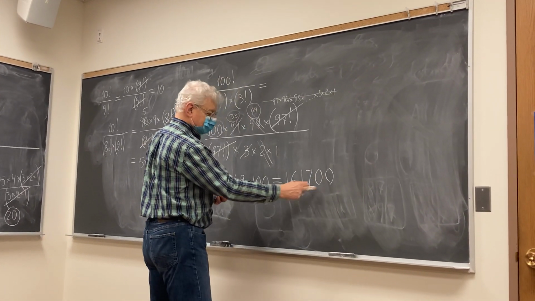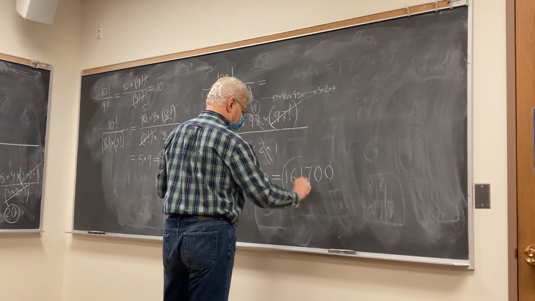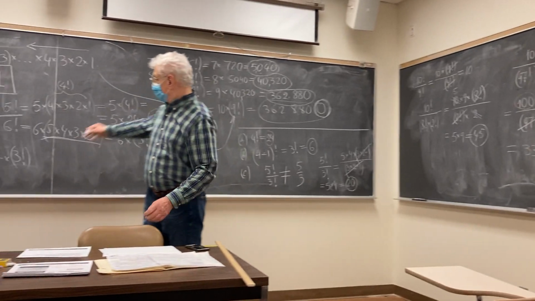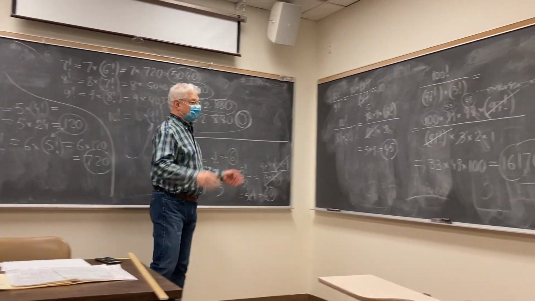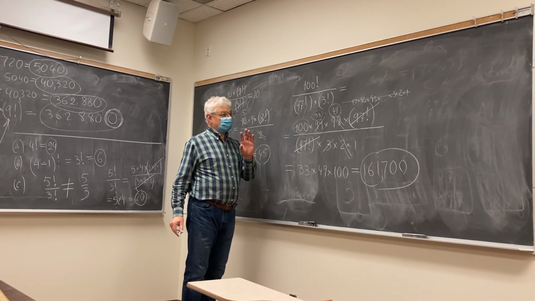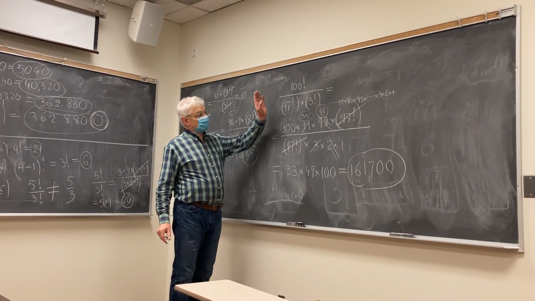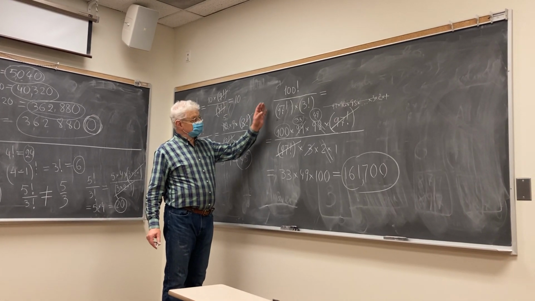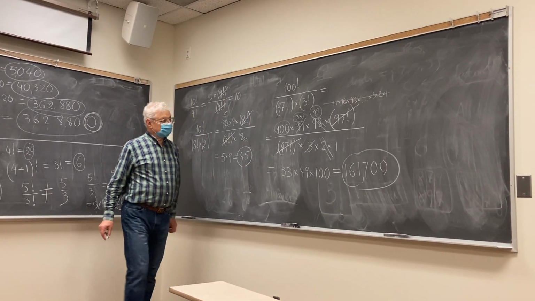Yes, 1617 and 2 zeros. So that is the ratio. If you use the huge numbers for 100 factorial, I bet that no matter which calculator you have, and even a computer, you'll get an error in your calculation. So you have to use that way.